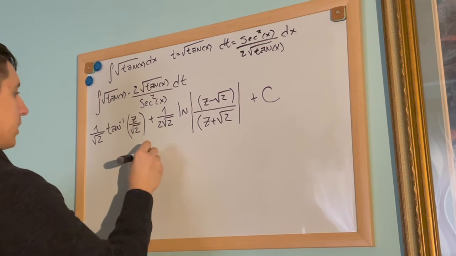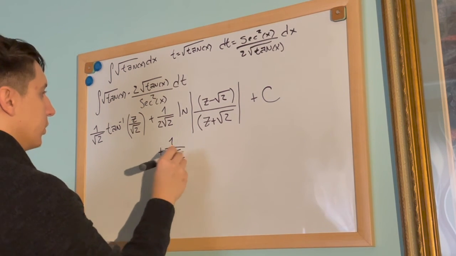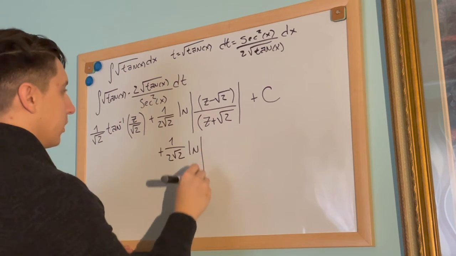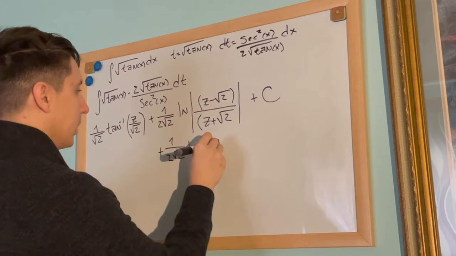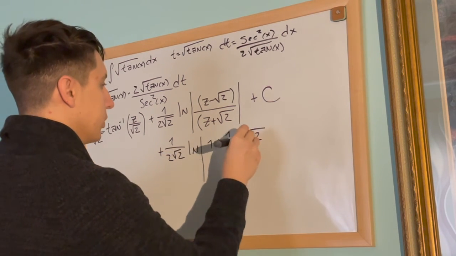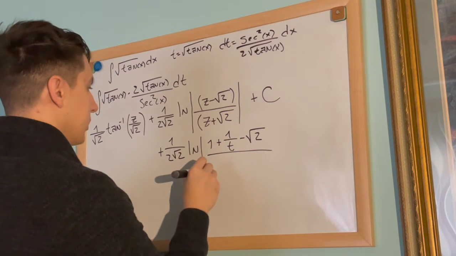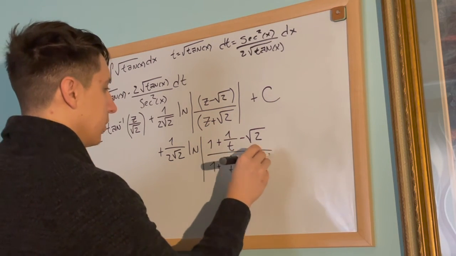So in this case, let me just do this side first. 1 over 2 root of 2 natural log. This would be that 1 plus 1 over t minus the root of 2. And this would be the same thing, 1 plus 1 over t plus the root of 2.